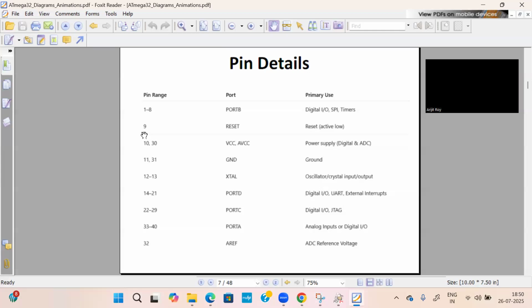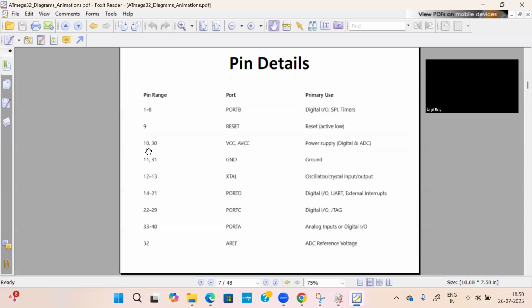Next are pin numbers 10 and 30. It is VCC or AVCC. It can be used as a power supply for digital input output. You know that Atmega is a device, so one power supply is needed.